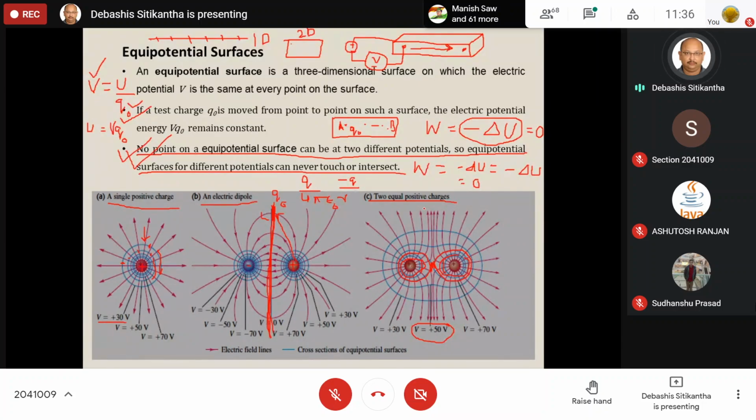Just have a look at these lines. One is coming out from the right side positive charge, the other from the left side positive charge. If they move on towards infinity, then somewhere they will be meeting each other, but that is quite hypothetical. Similarly over here, they are just touching each other, which means they are not intersecting.